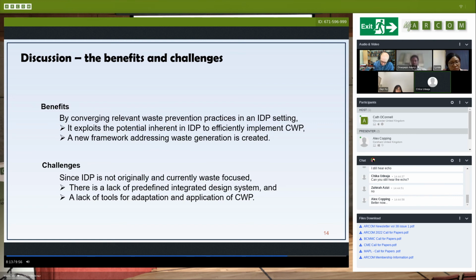This would create an expanded and new framework for addressing waste generation. Since IDP is not generally practiced and not originally and currently waste-focused, some challenges include a lack of predefined integrated design systems and tools for adaptation and application of CWP.